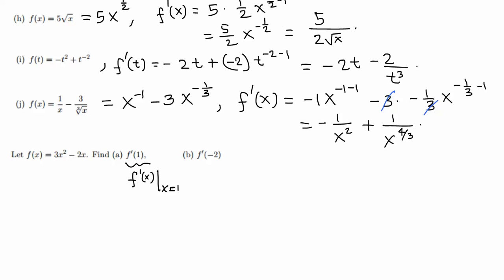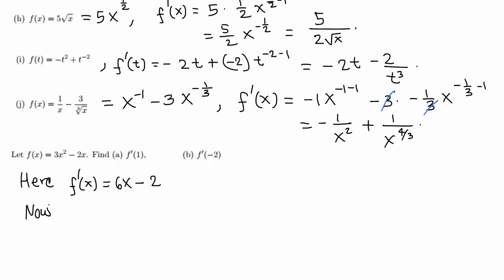Okay, so let me find the derivative. The function is 3x squared minus 2x. So the derivative: 3 survives. The derivative of x squared is 2x. 3 times 2x is 6x, minus the derivative of 2x, which is just 2.